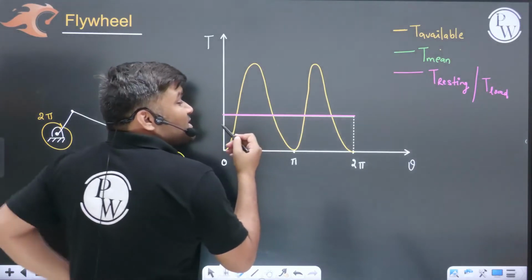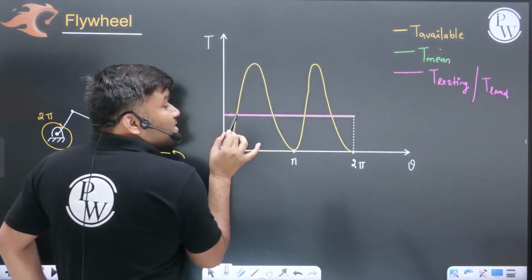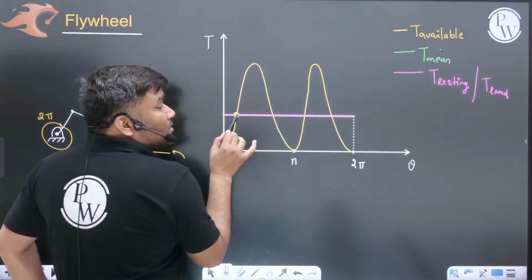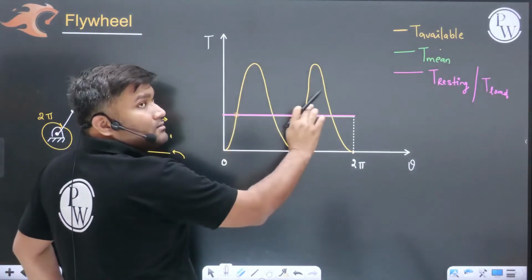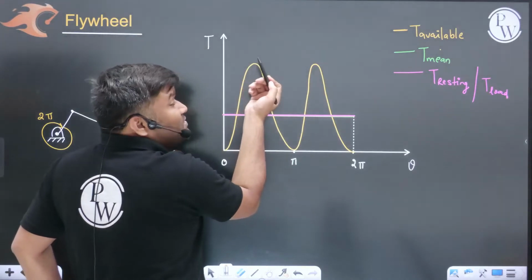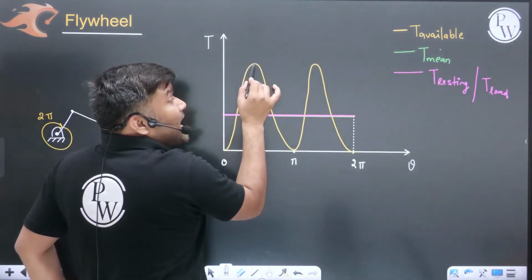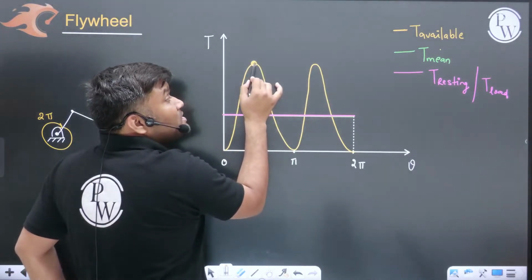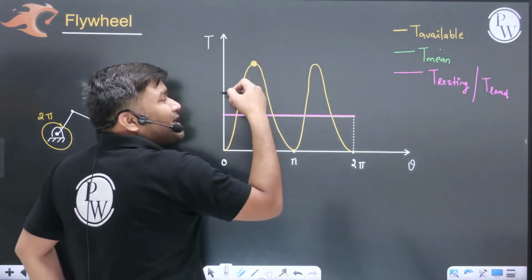Sometimes my engine is producing exactly the same amount of torque which is required, but many times the available torque is very high. This is the torque produced by the engine, the requirement is very less.